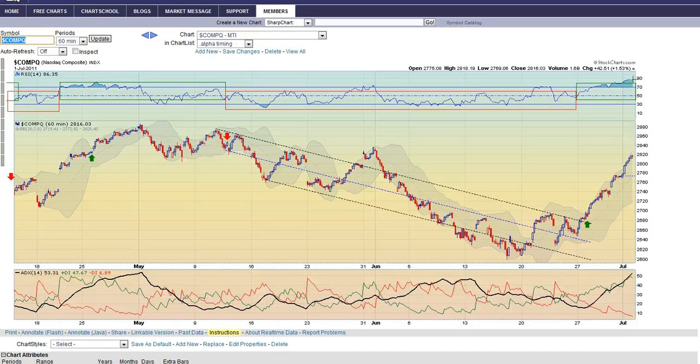It's had this huge move, and the RSI, this is the 60-minute chart of the NASDAQ, is at very high levels, and in my opinion we could easily come back to the 2720, 2740 area, or the RSI 40, and this uptrend would still be very strong.